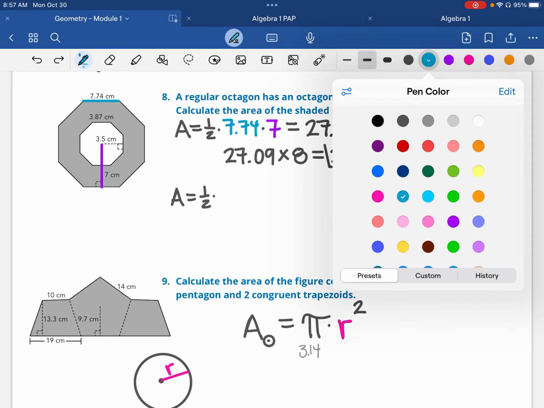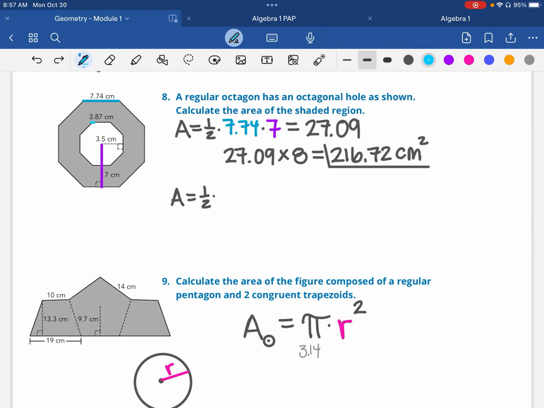Now the base of my smaller octagon is going to be 3.87, and the height, let me see, I have a lighter purple, would be 3.5. I'm going to go ahead and place that in my calculator.